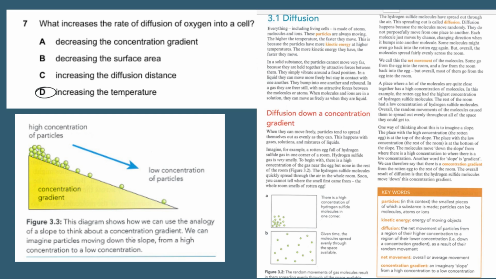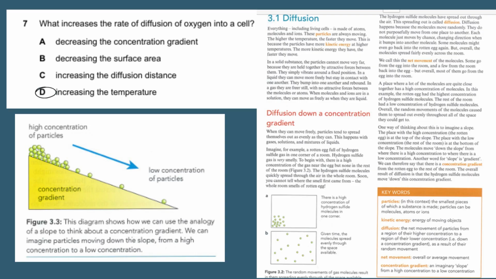Now let's move to the first answer: decreasing the concentration gradient. Again, the question is what the reason is to increase the rate of diffusion. Diffusion will increase because of an increase in particles or an increase in temperature. So the first answer is wrong. Second, decreasing the surface area.